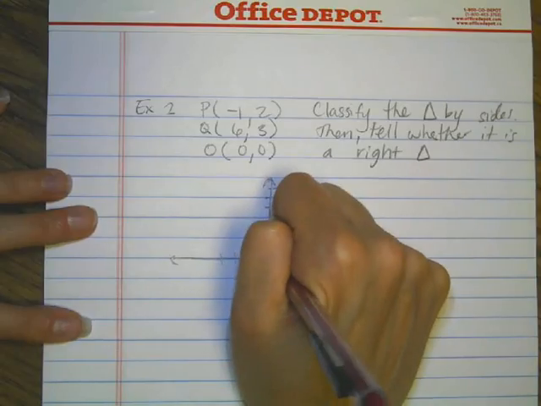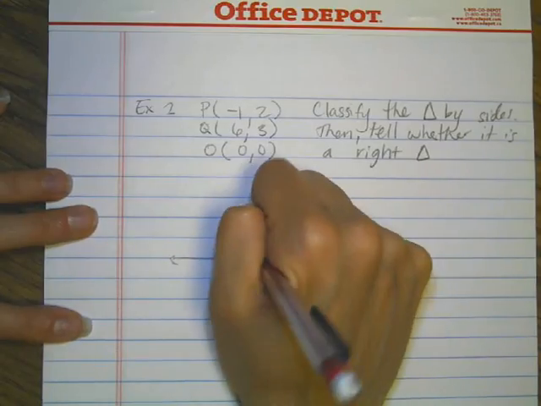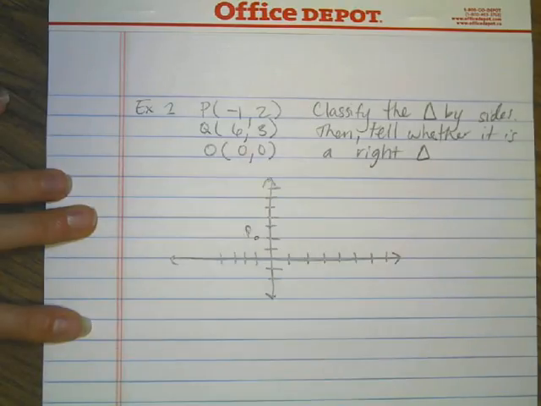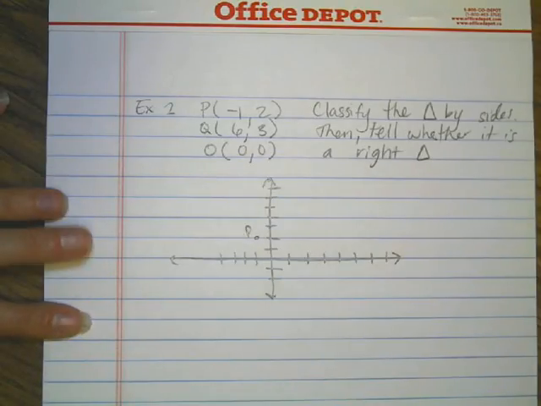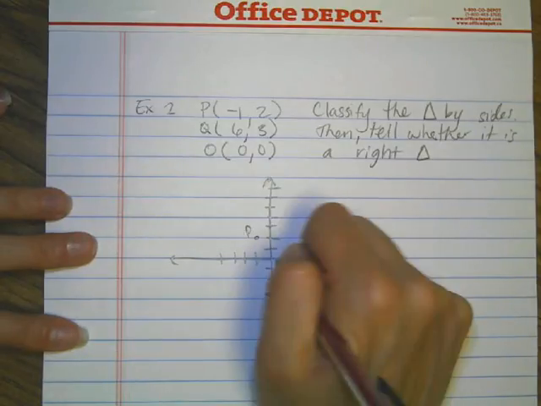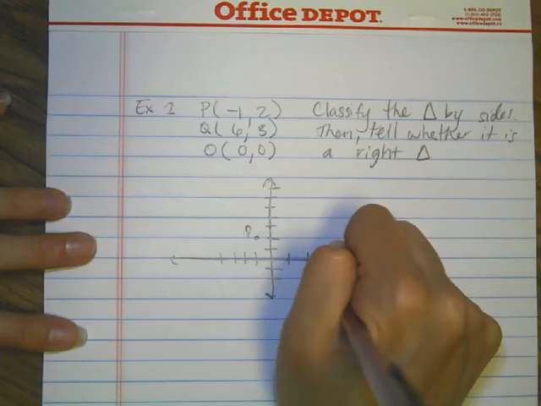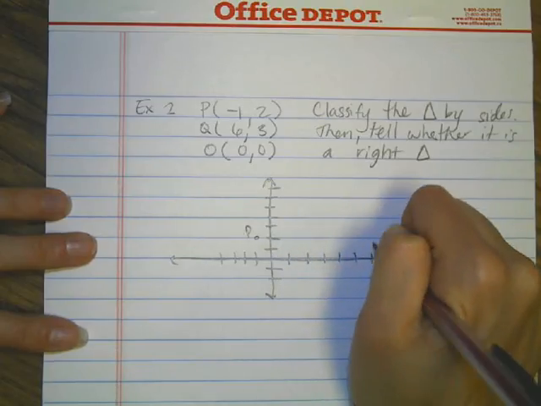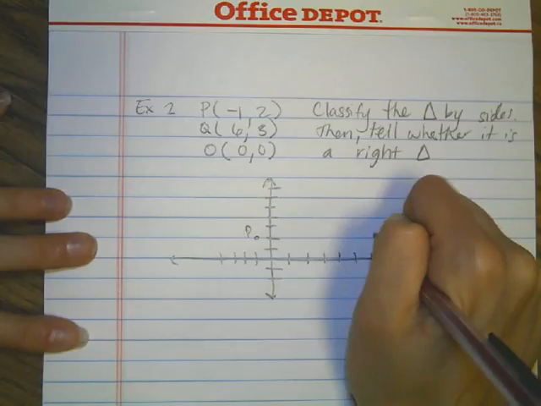So, I'm going to find the distance between PQ first. So I'm going to say square root of 6 minus negative 1 squared plus 3 minus 2 squared.